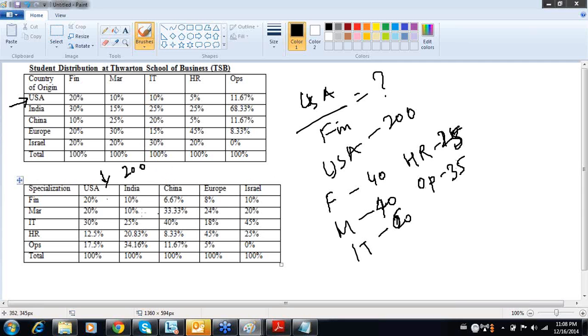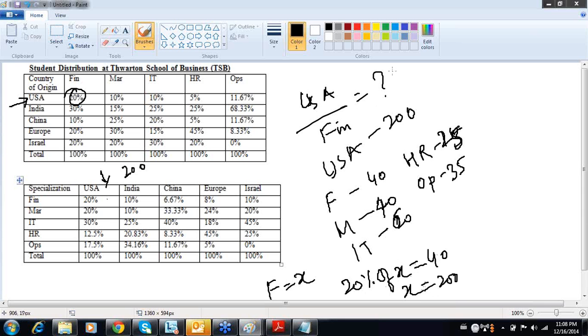Okay. So now 20%, say total Fin is X. So 20% of X is 40. That means X is 200.